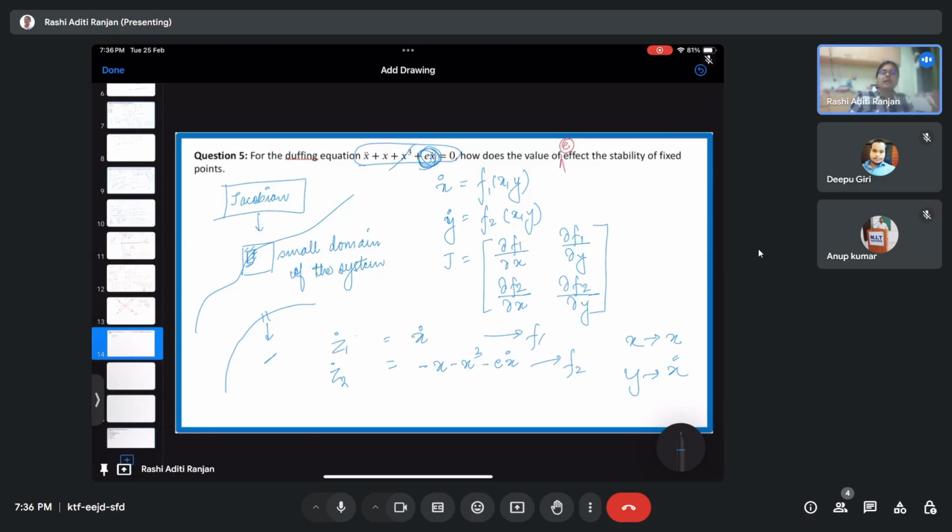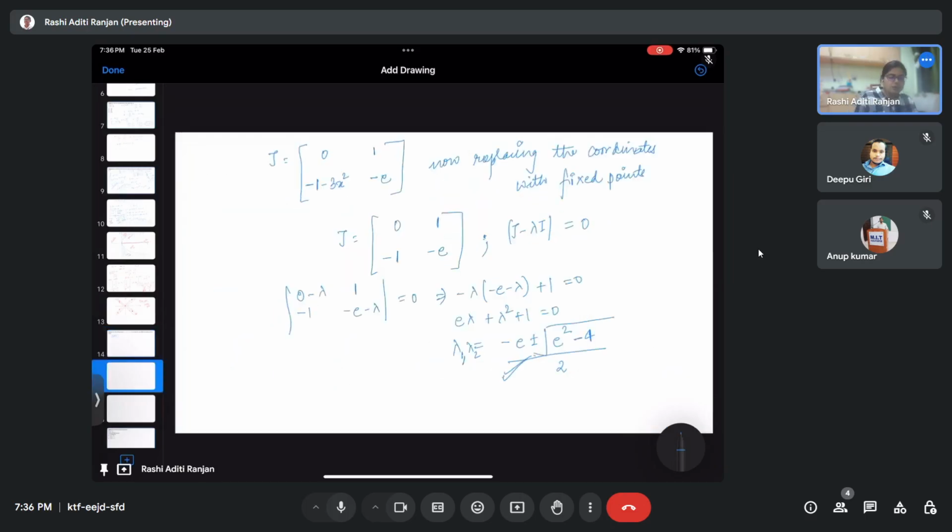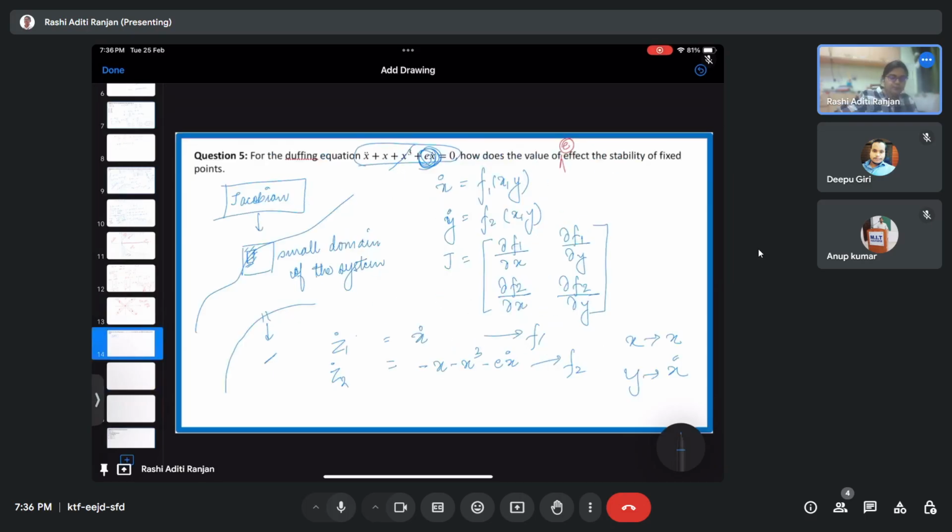Because it acts as a damping value. So if the damping value would have been positive, it could have made my system come to the fixed point. If the damping value would have been negative, even a small perturbation would make the value increase, right?